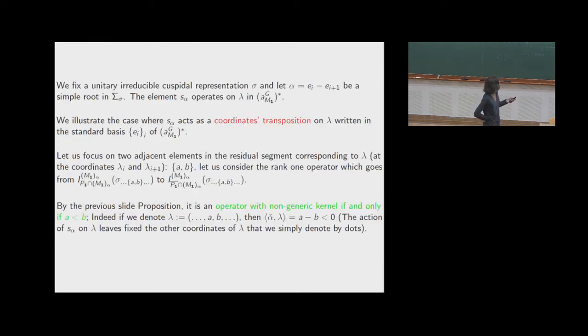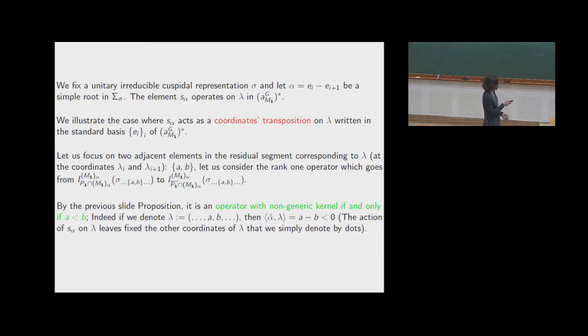So let me explain how we use Harish-Chandra here to understand some intertwining maps with non-generic kernels. I choose this root α in Σ_σ, and I will look at s_α, the simple symmetry associated to α.